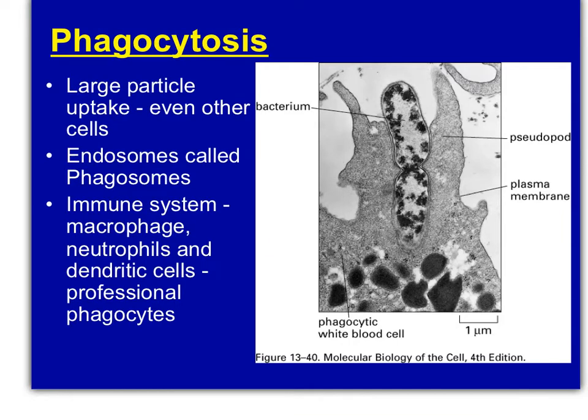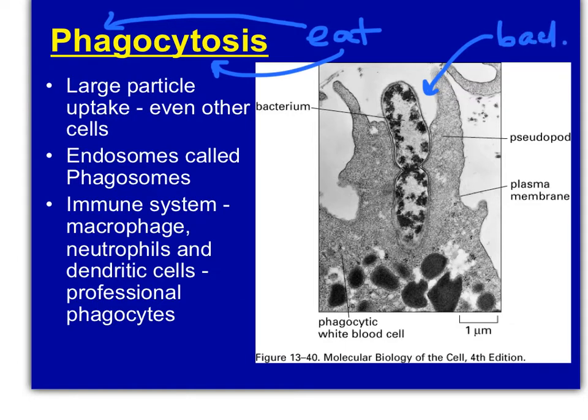Another mechanism for molecules being taken up into cells is the process of phagocytosis. The prefix here, phage, actually means to eat. And so this is cell eating. The uptake of large particles, whether they be bacteria, as in this image, this is a bacterium, can be taken up by a cell that pushes out its plasma membrane, and this is an energy-dependent process.